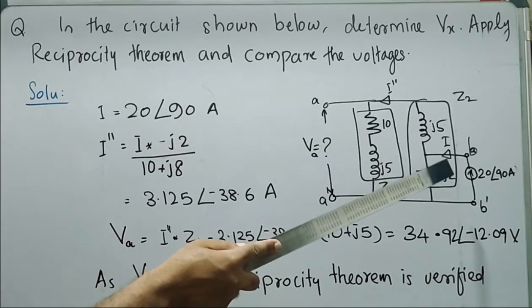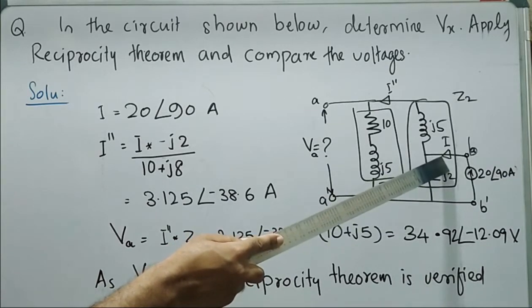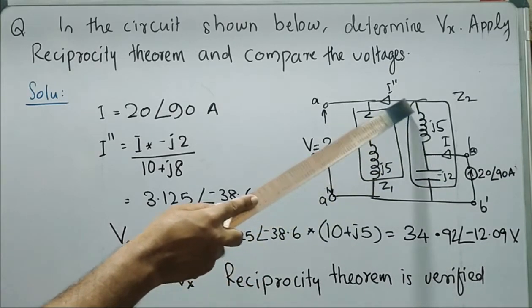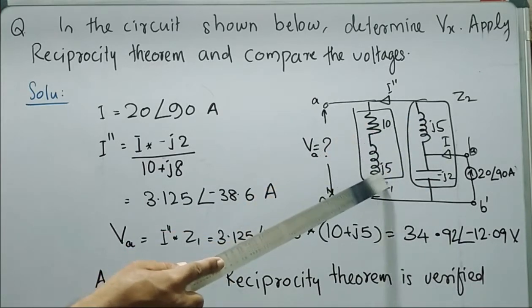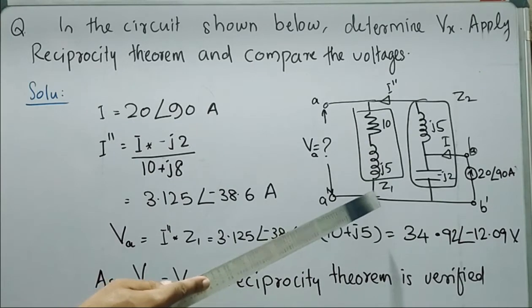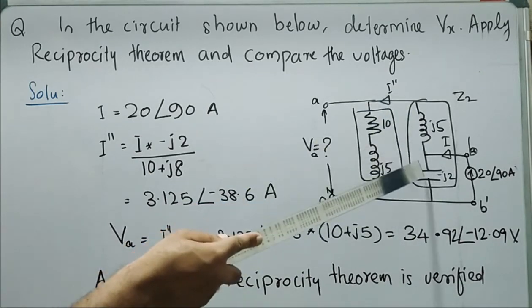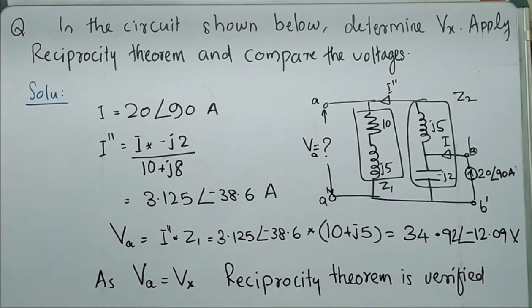During this condition, this is the main current, and this combination, that is 10 plus J5, is in series. That combination is in parallel with minus J2.